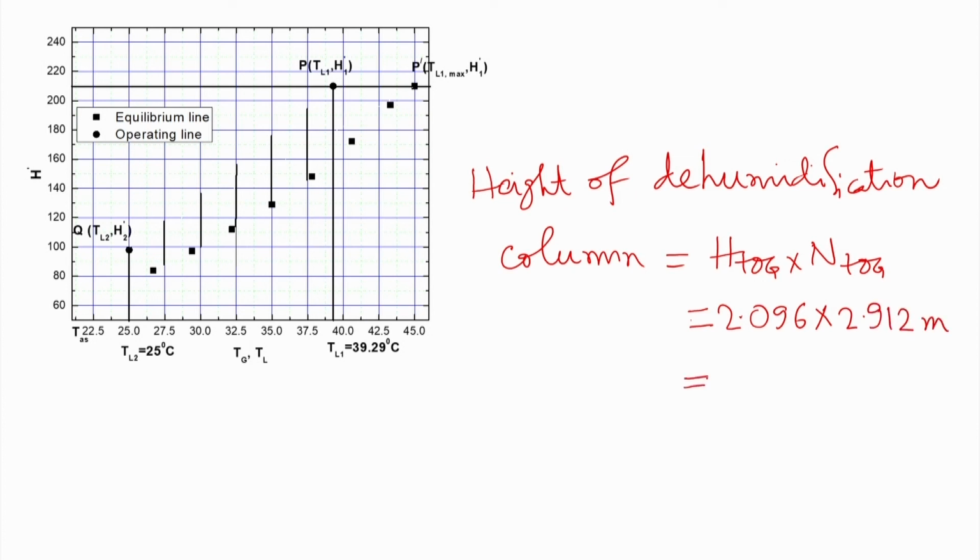So that is nothing but 6.104 meter. We can say this is the height of the dehumidification column. So that is the end of this.